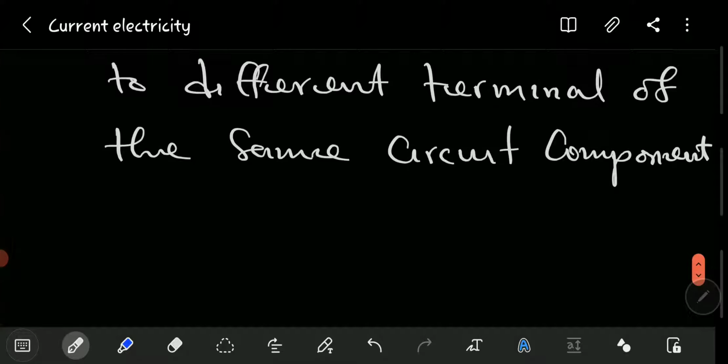So when different terminals of one resistor are connected to different terminals of the same circuit component.